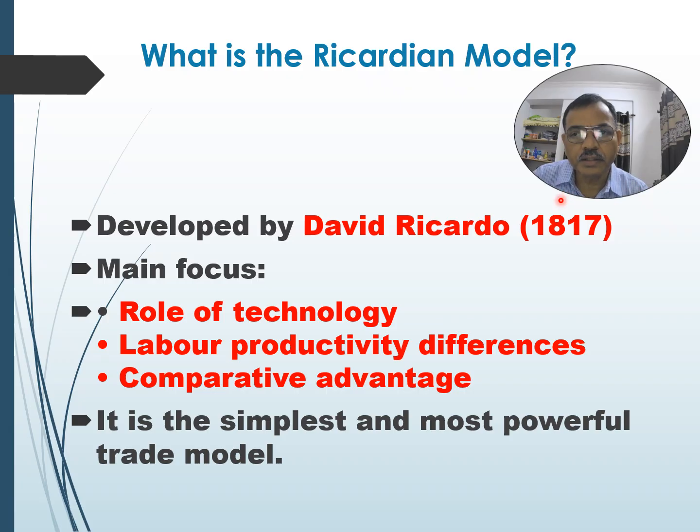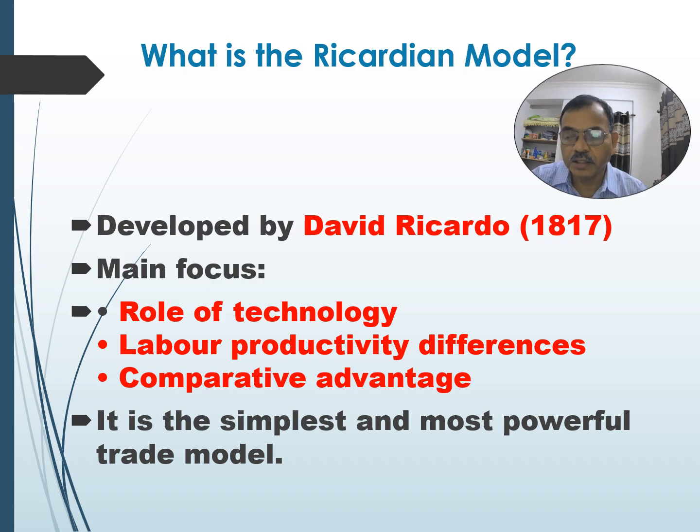International trade arises because countries differ in technology. These technological differences lead to differences in labor productivity, and differences in labor productivity create differences in opportunity cost. The model shows that even if one country is absolutely more productive in all goods, trade can still be beneficial.